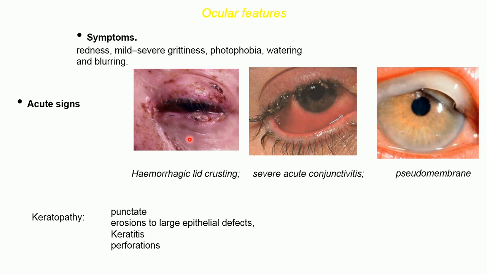Papillary conjunctivitis, from mild, transient, and self-limiting to severe. Conjunctival membranes and pseudomembranes. Severe hyperemia, hemorrhages, blisters, and patchy infarction. Keratopathy is a spectrum of lesions from punctate erosions to large epithelial defects, secondary bacterial keratitis, and occasionally perforation.